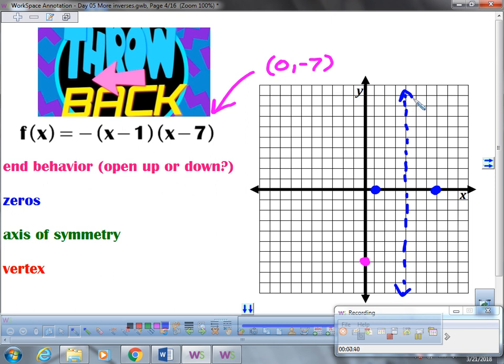So if this is 3 away, where's the vertex going to be? I know it's going to be here. How far up is it going to be? It's 3 away, so 9. Right? If it's 3 away, it's going to be 9? All right. Does that make sense?